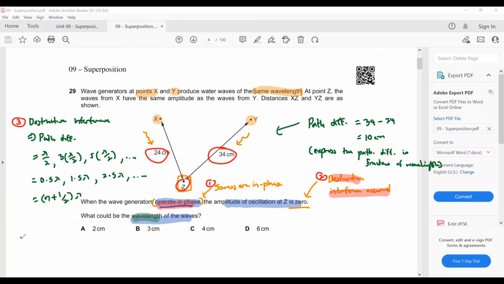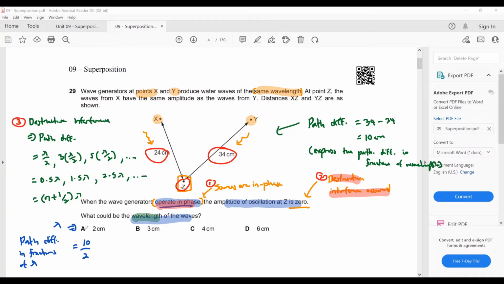What you do is you express the path difference first. Path difference in fractions of lambda. Okay, so this one, the path difference in fraction of lambda would be 10 divided by 2. All these values here are actually lambda: 2 centimeter, 3 centimeter, 4 centimeter, 6 centimeter.